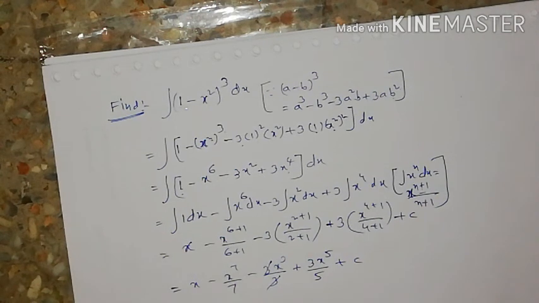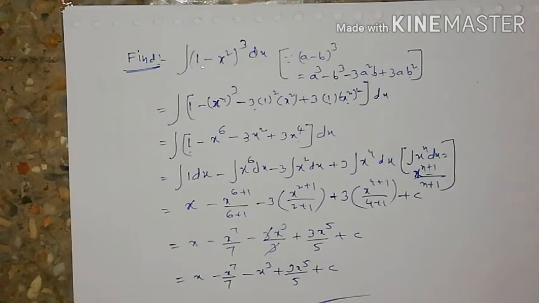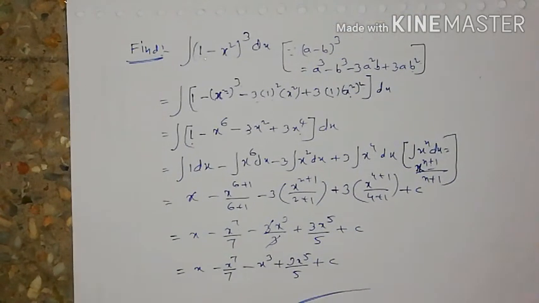Now what is the result? x minus x to the power of 7 by 7 minus x cube plus 3 x to the power of 5 by 5 plus c. Finish. Is it clear? Are you getting? Observe the problem once, all of you. Is it clear? Good.